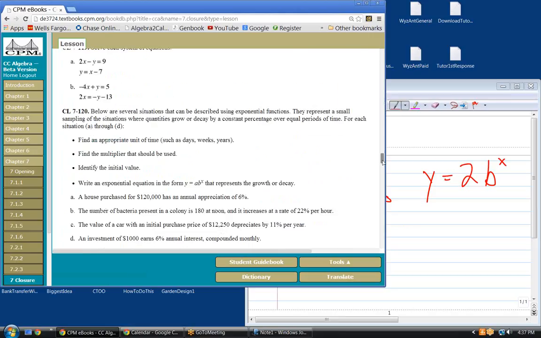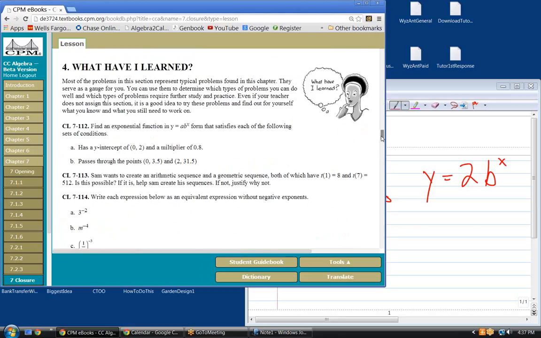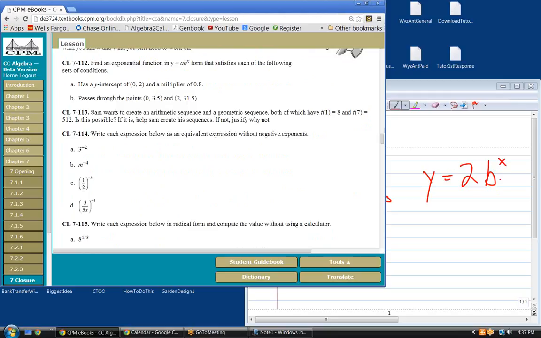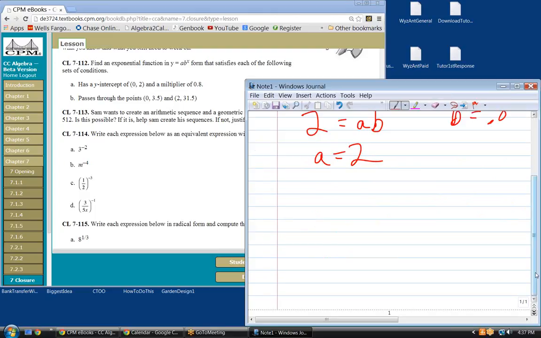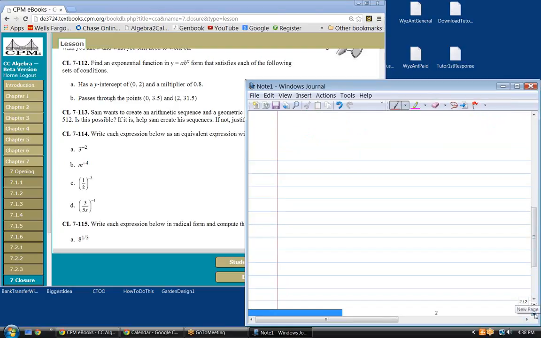I can only presume they mean this, that b is equal to 0.8. I might be wrong with that. It really depends on their definition of what they mean by a multiplier of 0.8. I can't even think of what that can mean other than b, even though I don't really like it as a word for b. But let's look at the second one.